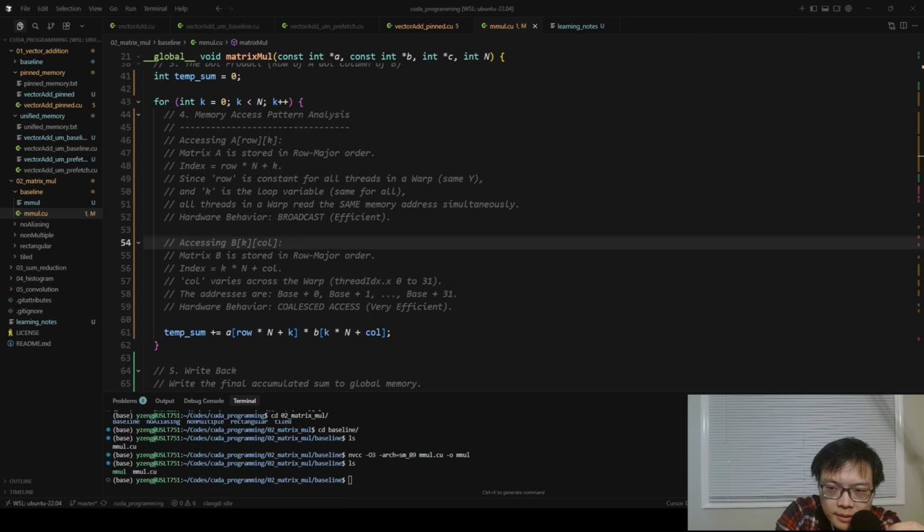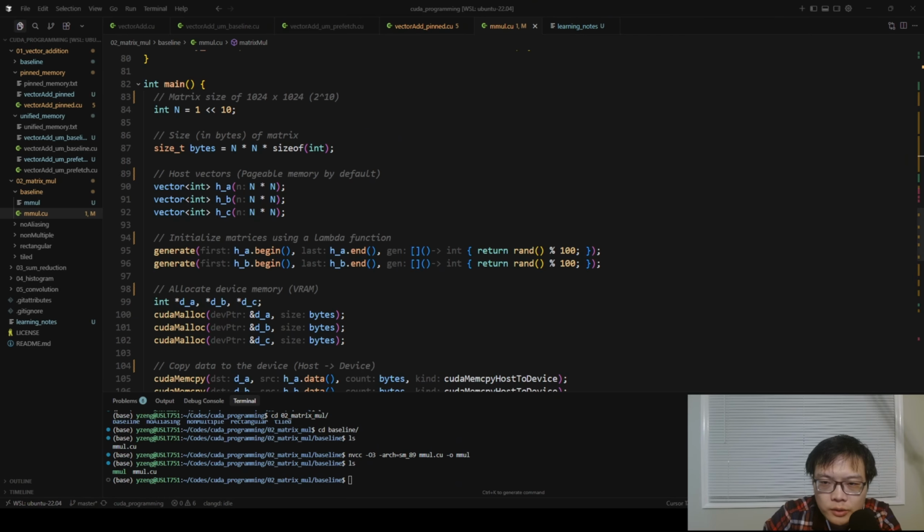How do we fix this? We need a way to load a chunk of A and a chunk of B into a local scratchpad, somewhere fast, close to the cores, where we can reuse the data without going back to VRAM. This scratchpad is called shared memory, and this is exactly what we will implement in future videos.